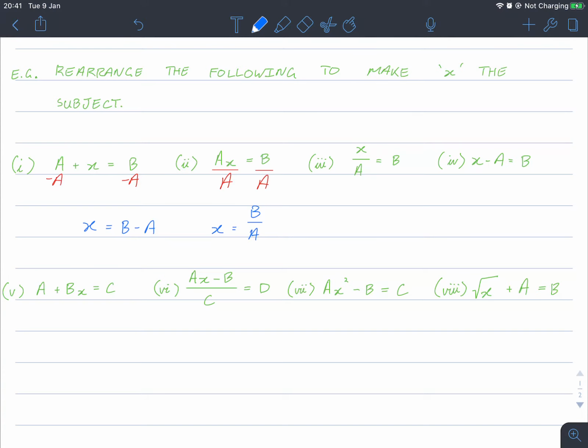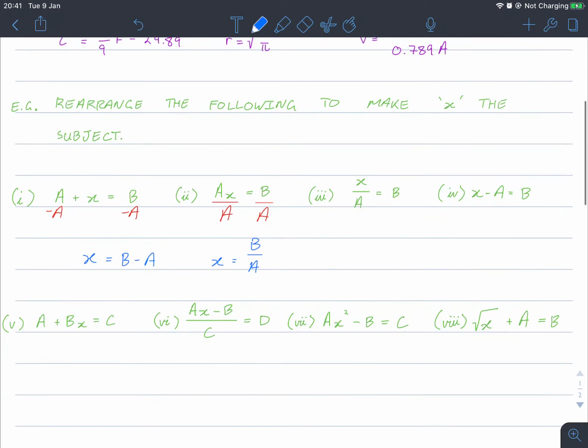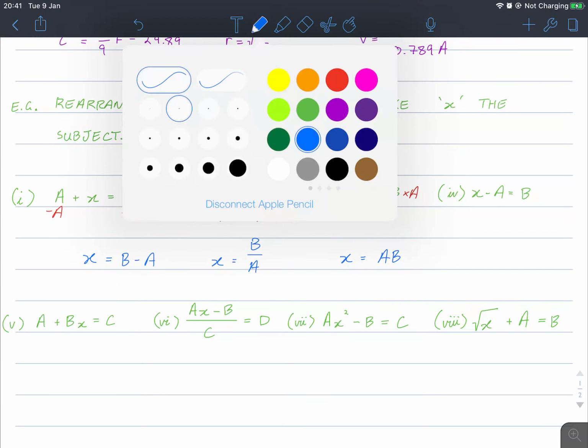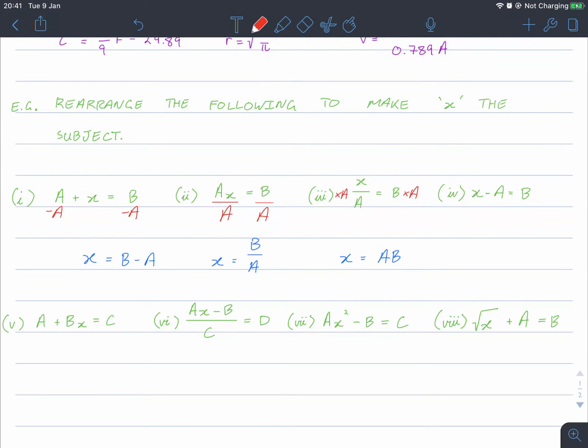Here we have another example, X over A. Pretty sure you can guess what we're going to do now. We're going to multiply by A. So in this case we get X equals B times A, which is BA, or AB. This last one here, we have X minus A, so the opposite is adding A on both sides.